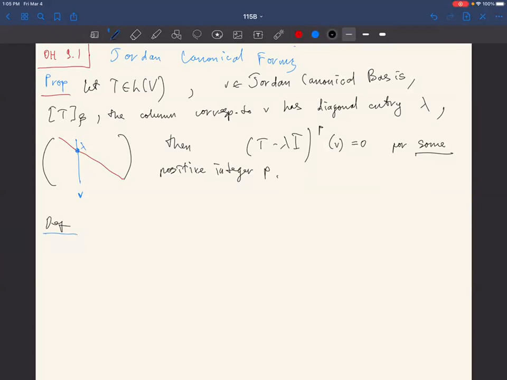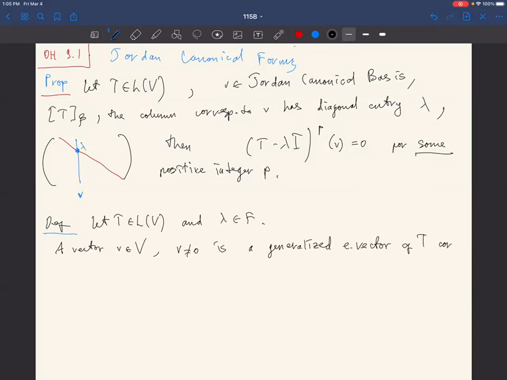So, definition. Assume we have T, a linear operator on V, as usual, and assume that lambda is a scalar in F. Then we're going to say that a vector V in the vector space V, which is non-zero, is called a generalized eigenvector of T corresponding to the eigenvalue lambda if the expression in the previous proposition is 0.